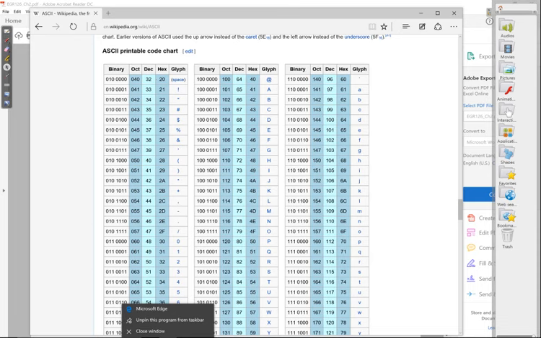For instance, this can be found online, so I just pulled this up in Wikipedia. Let's look at the symbol for exclamation point. That's right here. The exclamation point symbol is stored in your computer's memory as 0100001.